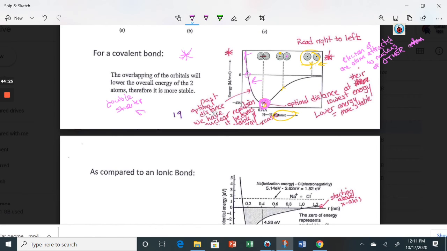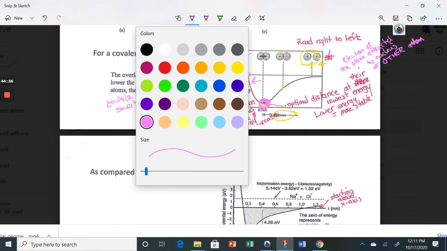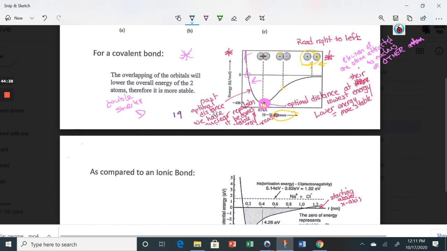If I said to you, oh, this is hydrogen and hydrogen, draw me oxygen and oxygen on this. Well, it would be lower, so let's pick a good color for oxygen. I'll just do this blue. It'll be lower in E because the double bond is a stronger bond, and it would be closer together.